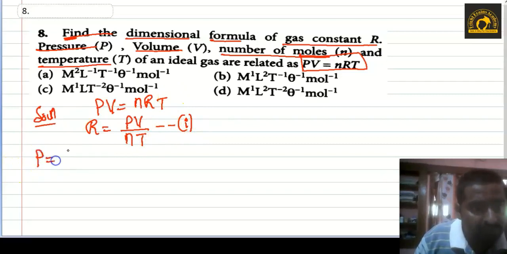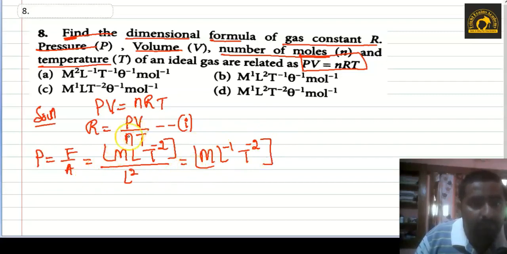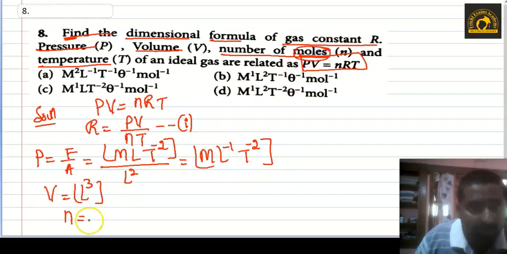P means pressure. Pressure is equal to force by area. The dimensional formula for force is M L T^-2 divided by L². After simplifying, M L^-1 T^-2. So this is the dimensional formula for pressure. Then volume is L³. N is the number of moles, and its dimensional formula is mole.